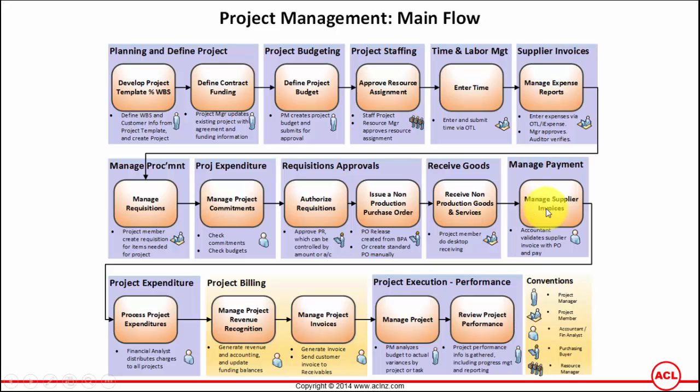Then the next process is payment against that invoice. The payment part is pretty much similar to what we understood over here in terms of paying for timesheets and expenses. So the invoice can either be submitted by the supplier via the iSupplier portal module, or it can be automatically generated as soon as the receiving is completed. It depends on the setup and configuration of how you have done it.